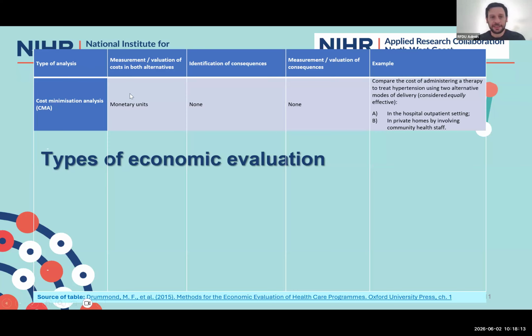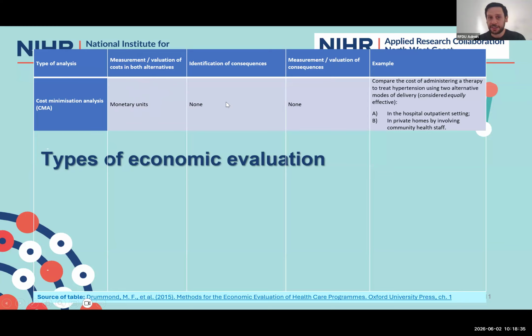And you can see here that we got a measurement or valuation of costs with respect to the interventions being assessed. So as mentioned before, you can have two or more interventions which are being compared.